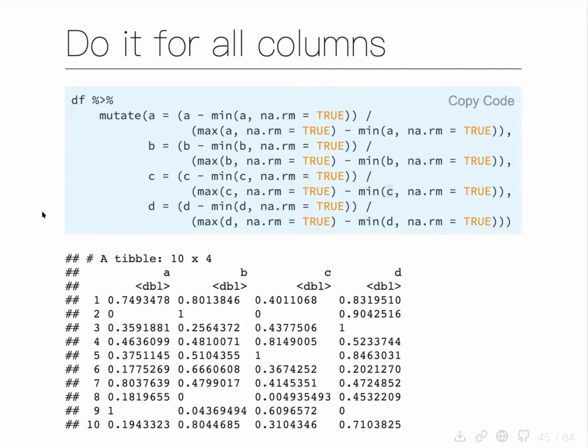So we end up with errors in our code that are introduced by this repetitiveness and lots of copying and pasting, and even spotting those errors is going to be pretty tricky because it's all jumbled within this big block of code, right?